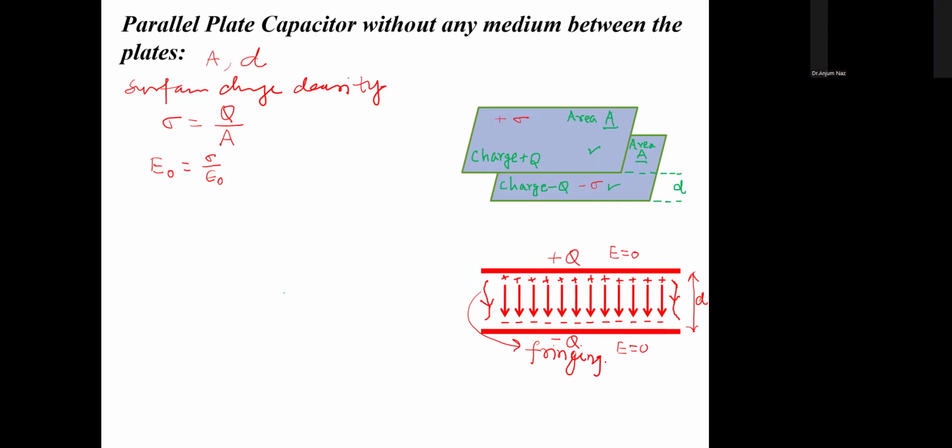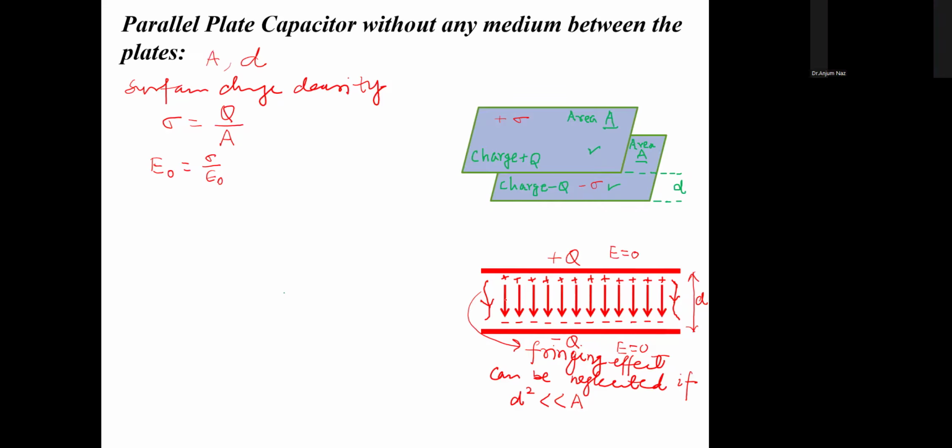This is called the fringing effect, and it can be neglected if the square of the separation between the plates, d square, is very much less than A. If the separation is small in comparison to the dimensions of the plate, the electric field will be uniform with some deviation at the edges, and the field lines are parallel and evenly spaced with some distortion at the edges.